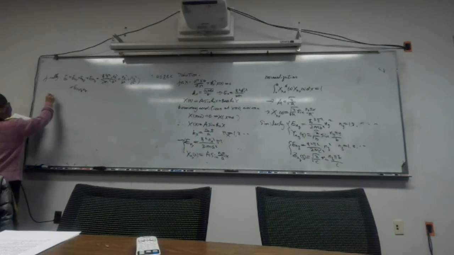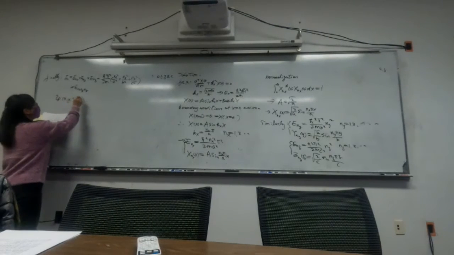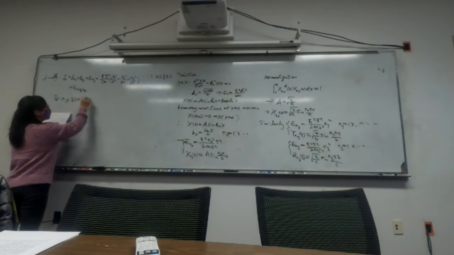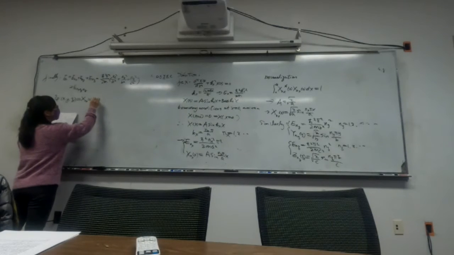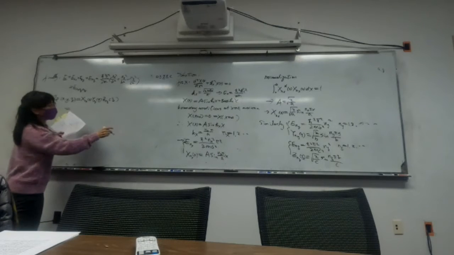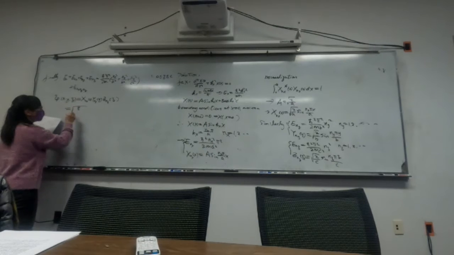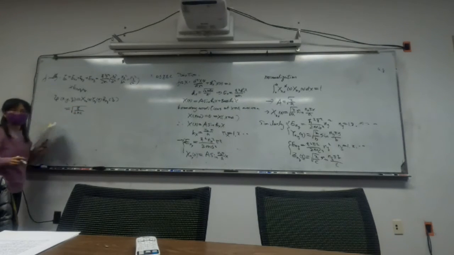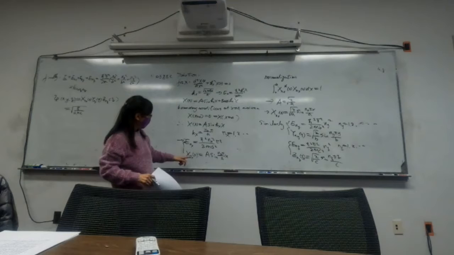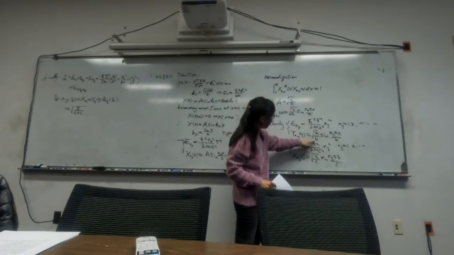So that is the energy, and the total wave function ψ(x,y,z), with n_x, n_y, n_z. For each, the normalization factor is: √(2/a), √(2/b), and √(2/c).